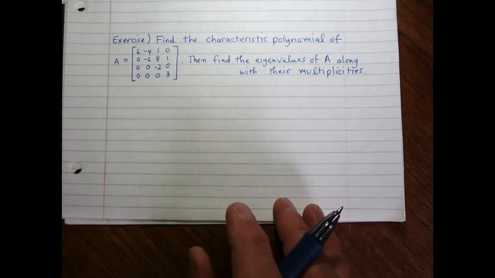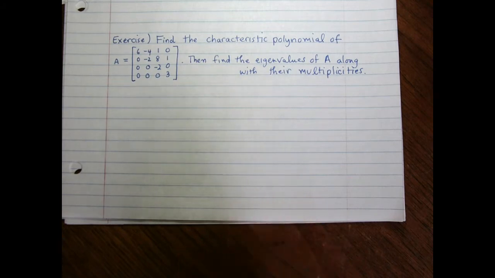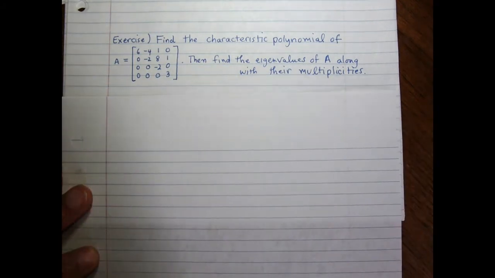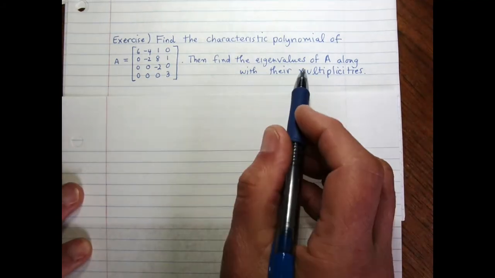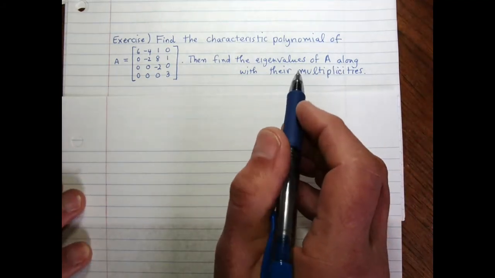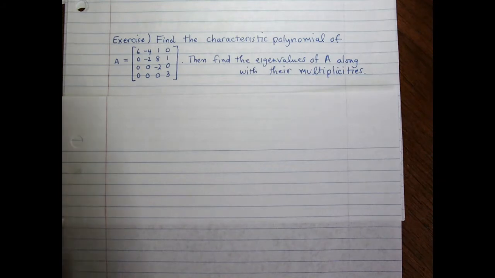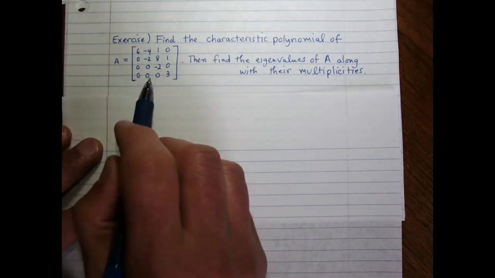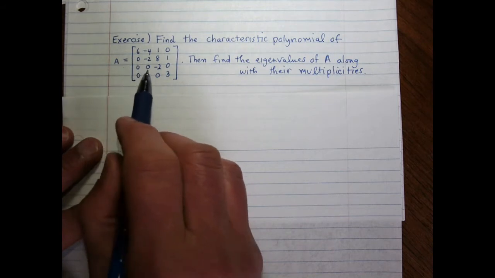Find the characteristic polynomial of this matrix, and then find the eigenvalues of A along with their multiplicities. Now, I don't know why I worded it in this way, because I hope you're going to notice right away that this is a triangular matrix.